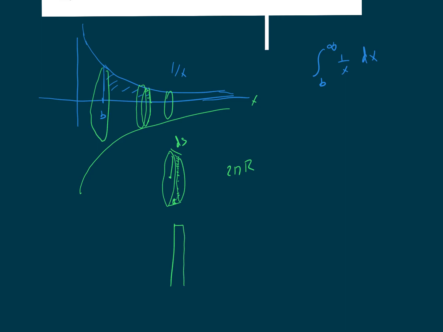This is ds, and this will be 2 pi r. Okay, 2 pi r by ds. So 2 pi r is the function. The r is the function 1 divided by x, and ds is the arc length of the function, and the arc length, if you remember, is the square root of 1 plus y prime squared.